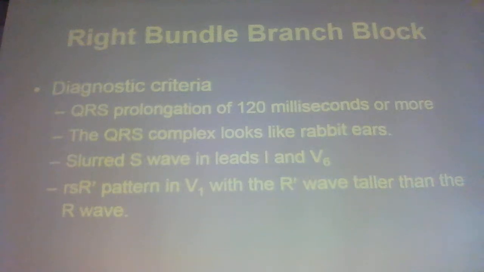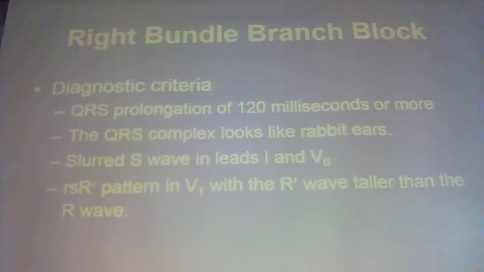So then I'm going to potentially see a bundle branch block. Right? And we know that new onset left bundle branch block is treated just like a STEMI as long as the clinical presentation is there of an acute coronary syndrome. Does that make sense? So, kind of important stuff.